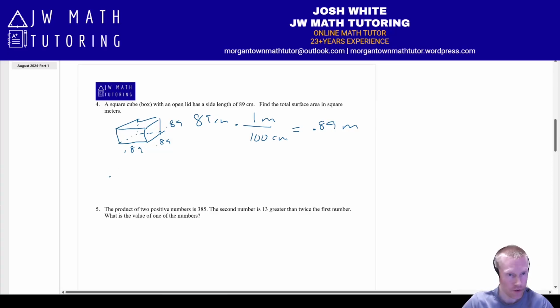Basically, each face is just going to be 0.89 times itself, because each face is a square. And then since there's 5 of them, because there's no lid, so it's open, it's not times 6, it's times 5. So really your calculation here is just 5 times 0.89 squared, and that should work out to 3.9605.